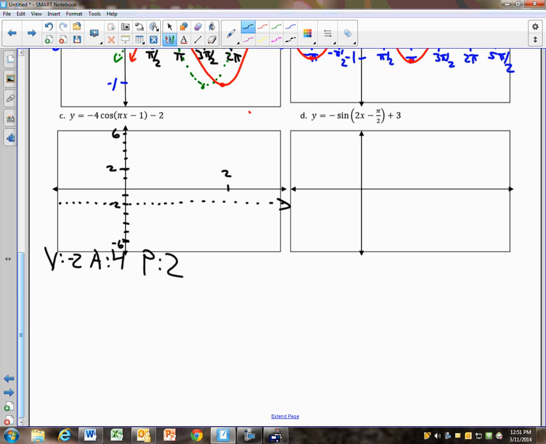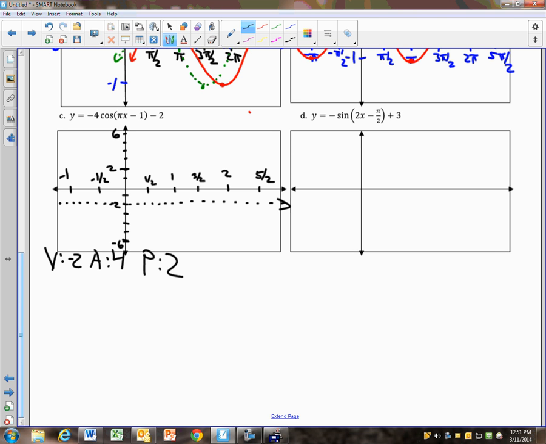The b value is pi, right? If I take 2 pi and divide it by pi, I get 2. Divide 2 in half, I get 1. Then 1/2, 3 halves, -1/2, -1, 5 halves. Got my period all the way out.